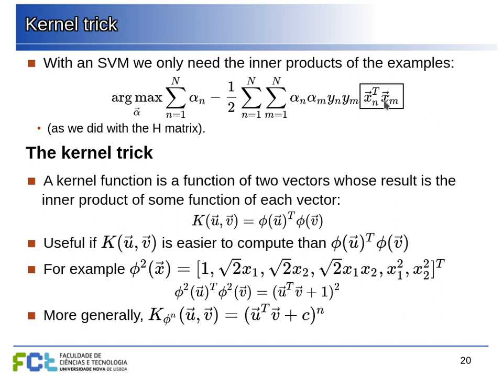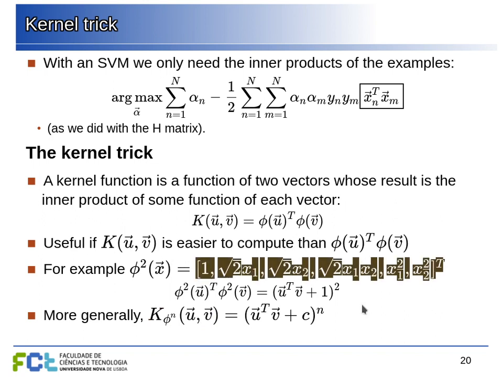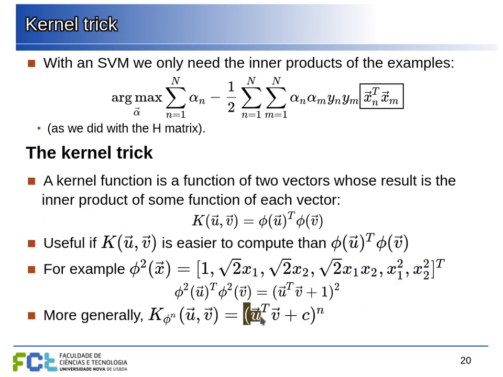It makes use of this property of what we're trying to maximize, which is that all the examples appear only as inner products of pairs of examples. And by using the appropriate kernel functions, we can do these expansions implicitly without having to compute them, just by using the kernel function on the original vectors.